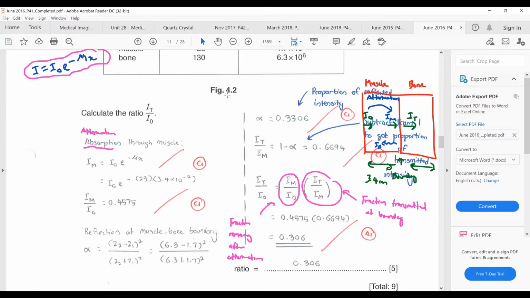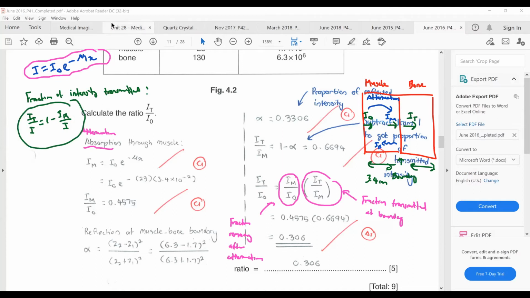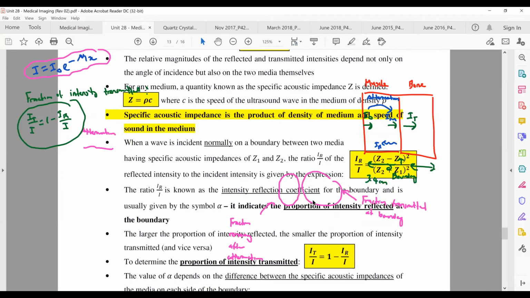Now recall that earlier in the chapter for ultrasound, I made mention to you that the fraction of intensity transmitted at the boundary is equal to 1 minus IR over I. It is actually on page 13 of your notes.